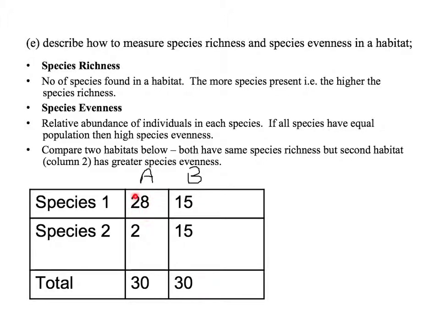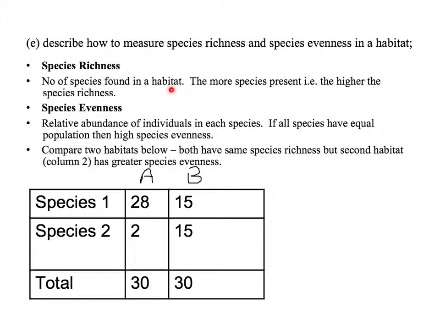There's 28 of species 1 in habitat A and only 2 of species 2, whereas there's 15 of each in habitat B. So what we would say is that habitat B has a much greater species evenness, and this has a lesser species evenness. Those are 2 key ideas: species richness, number of species; species evenness is relative abundance of individuals in each species. So you need to learn those 2 definitions.